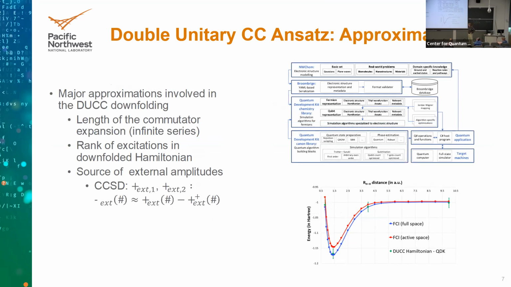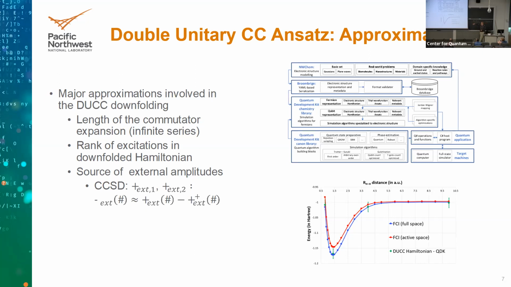We are basically retaining only single and double excitations, up to two-body terms, in those effective Hamiltonians. And we approximate the external degrees of freedom through standard single reference coupled cluster calculations. Those approximations are justified if you do some analysis behind that, but I would need another 5 minutes to talk about this.